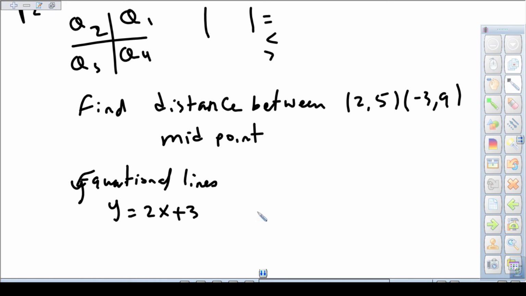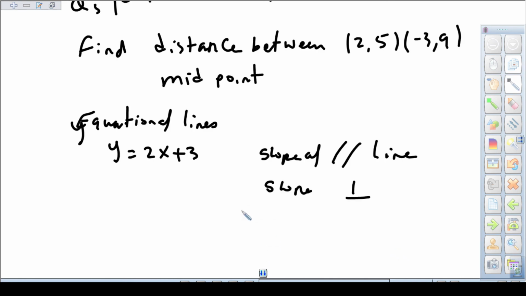So what's the slope of a line that is parallel to this one? It has to be the same slope. How about the slope of a perpendicular line? Yep, -1/2. That's awesome.